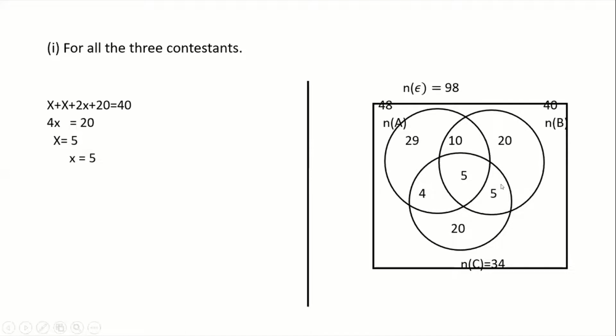So we are going to calculate our whole union and find out if 98 is actually equal to what is in our Venn diagram. That will be 29 plus 10 plus 20 plus 4 plus 5 plus 5 plus 20.